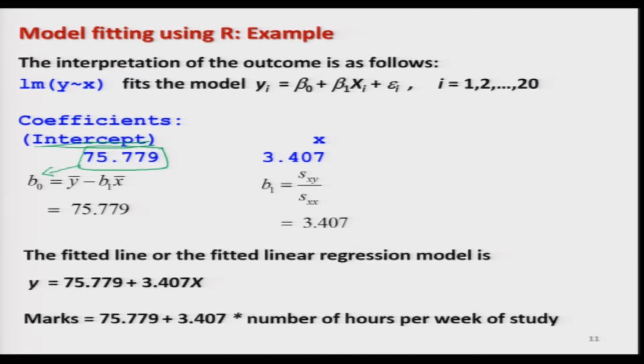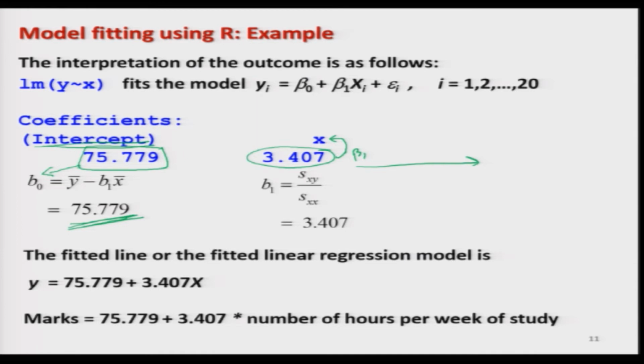So this is the estimate of beta 0, which is your intercept term. And what is this here, x, 3.407. So this is essentially indicating the value of beta 1, which is the regression coefficient associated with x. If you have more variables, this will be extended in this direction, you will see.